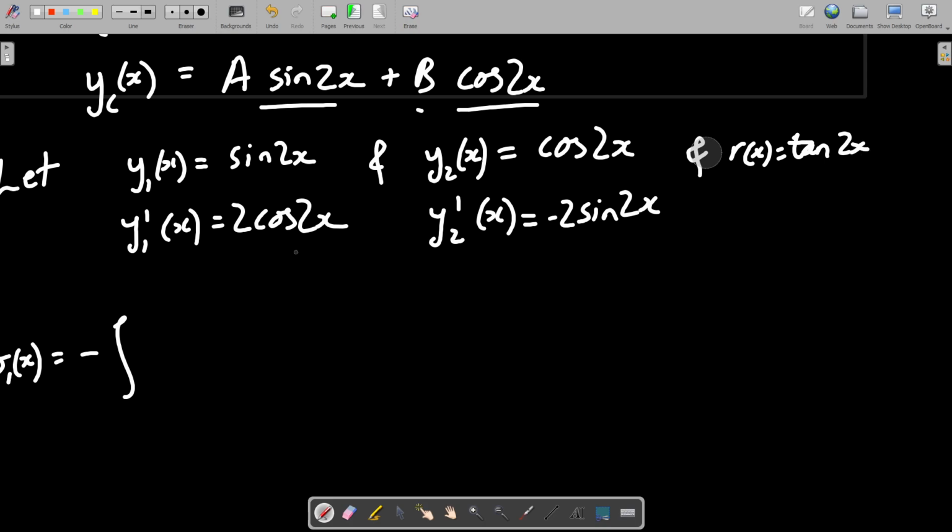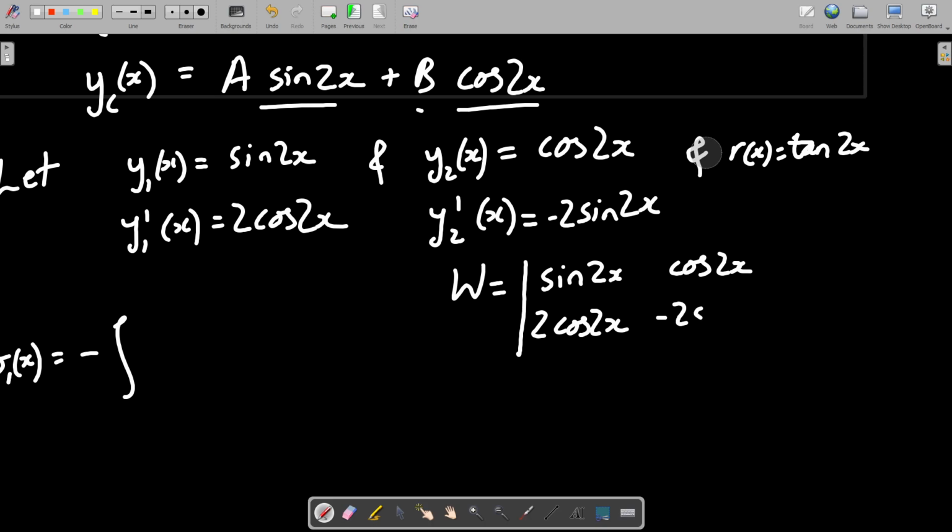What I require here is why I had calculated these quantities. We need the Wronskian here. Wronskian will be how much? sin 2x, sin 2x, cos 2x. Multiply this, what you'll get? 2 times sin square 2x with the minus sign, and here also you'll get minus 2 times.